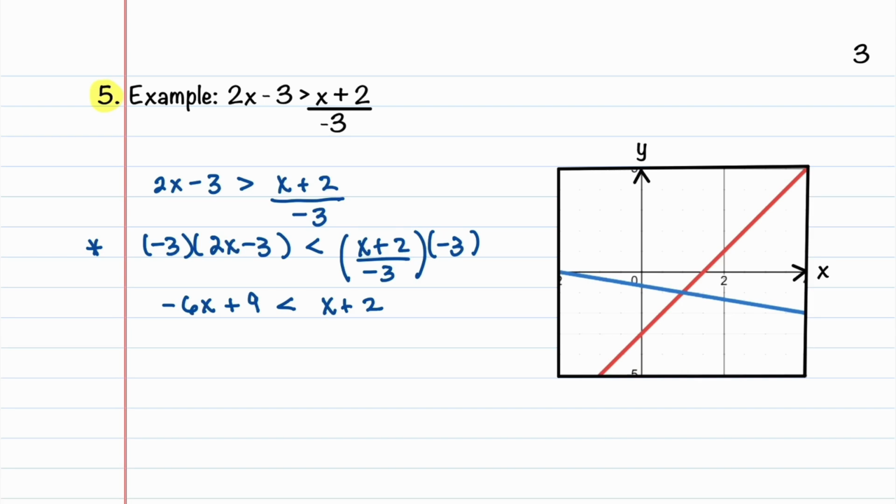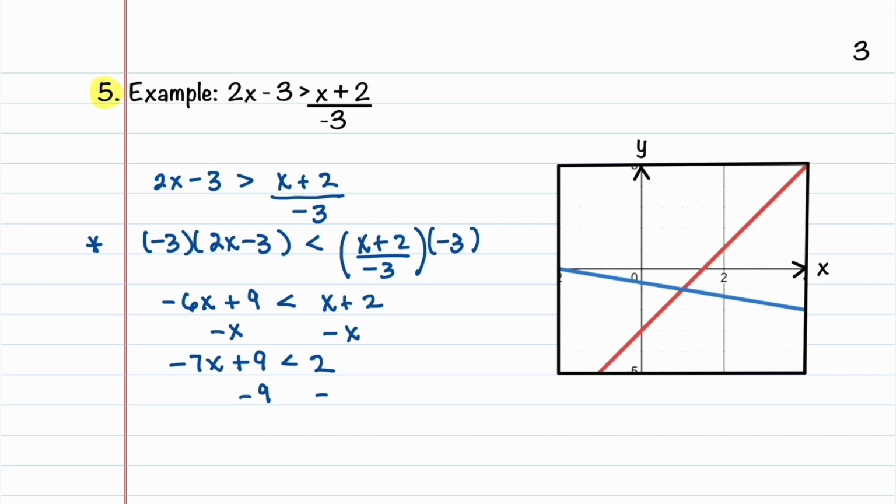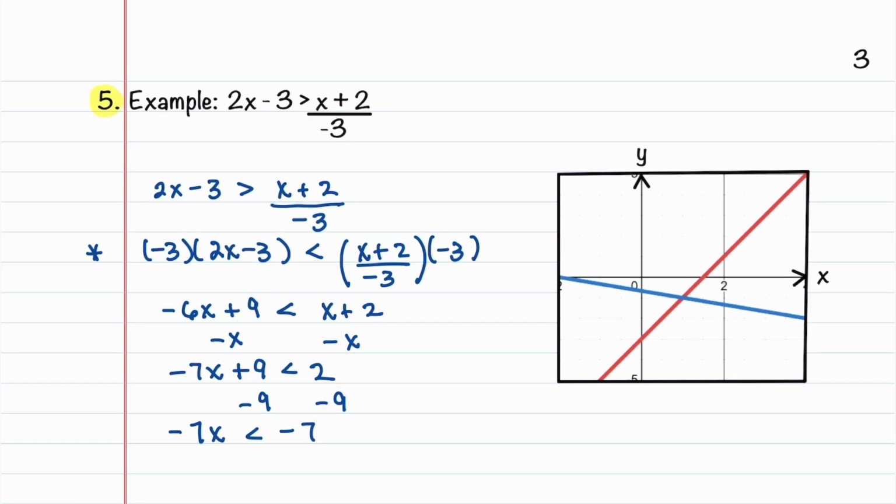Now we're going to pull our x's to the left, so let's subtract x from both sides. And this gives us minus 7x plus 9 is less than 2. Now let's move the 9 to the right-hand side, so we subtract 9 from both sides, and we get minus 7x is less than 2 minus 9, which is minus 7. And then the last thing we need to do is divide both sides by minus 7.